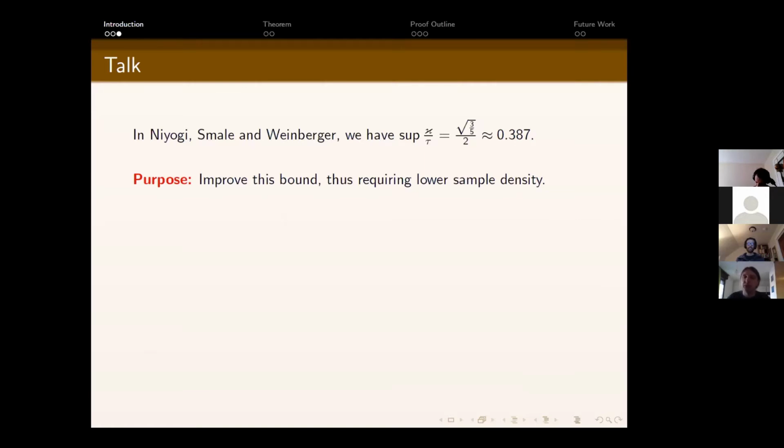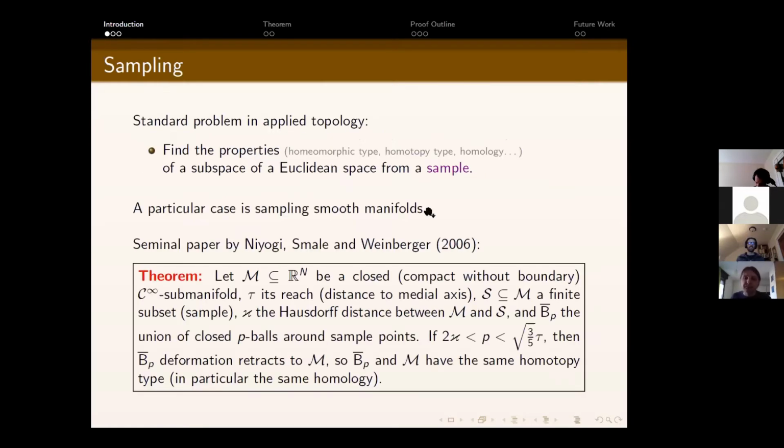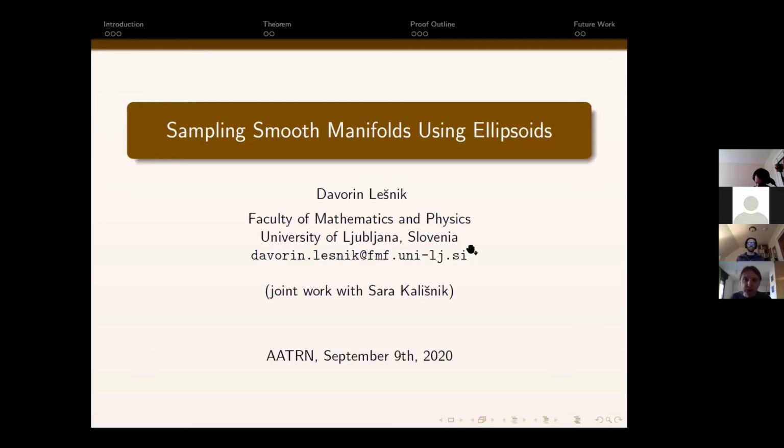It's the same up to the scalar factor. So just take the reach, and of course if you scale everything by a factor, then the reach will scale by the same factor. So just take the reach as your unit measurement.